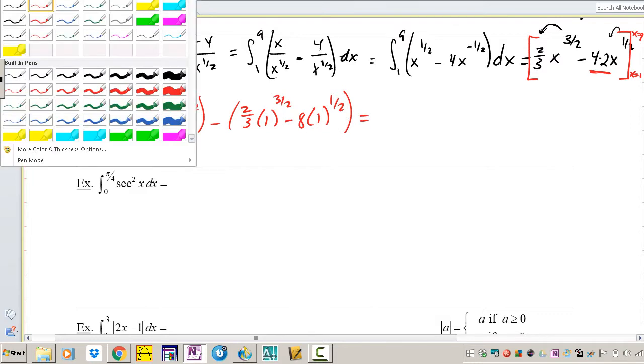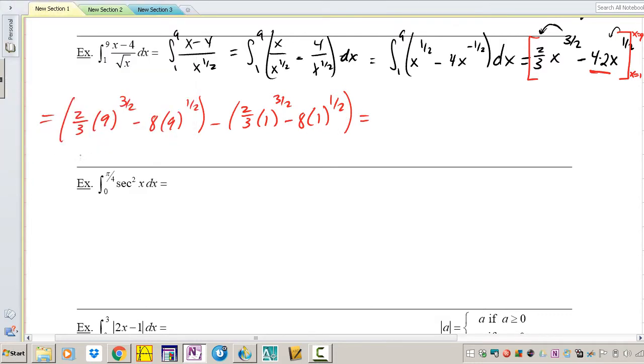So let's begin with this 9 to the 3/2. Here's how you deal with numbers that are being raised to a rational power. You have two options. Option number 1, you can cube the 9 and then take the 1/2 power, which is the square root. Or option number 2, you can take the square root of the 9 and then cube it.